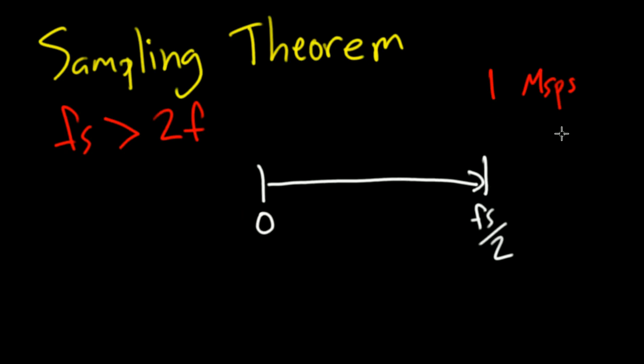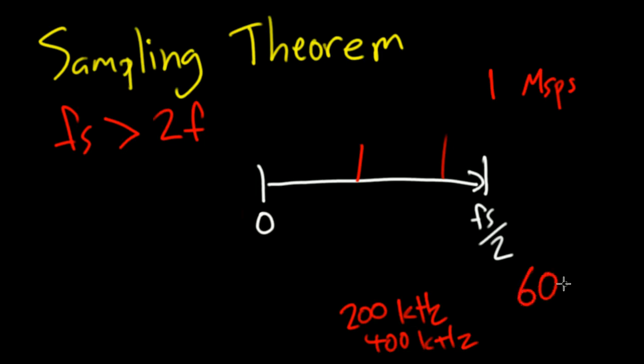Well, let's say you have a signal of interest at 200 kilohertz. That's going to show up just a little bit to the left of center here on your frequency domain plot. And if you increase the frequency to say 400 kilohertz, then that's going to show up over here. But if you increase the frequency of interest to 600 kilohertz, well, that's off the right-hand side of the plot.